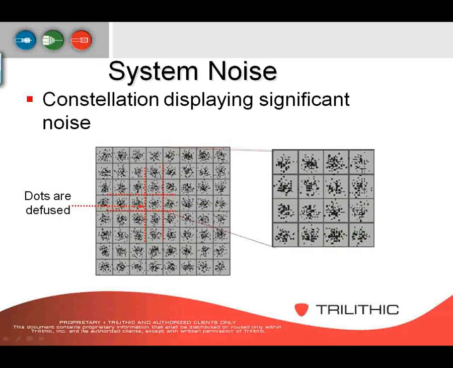System noise is a type of incoherent interference. If you look at the diagram here, you can see where the bits are pushed away from that ideal cluster of dots in the center of the decision boundaries. That could come from system noise, just noise in the system itself.